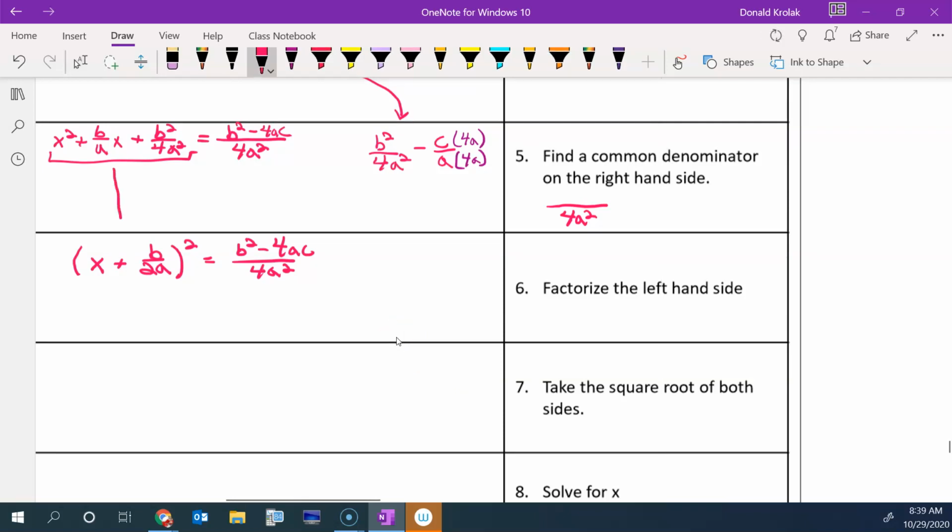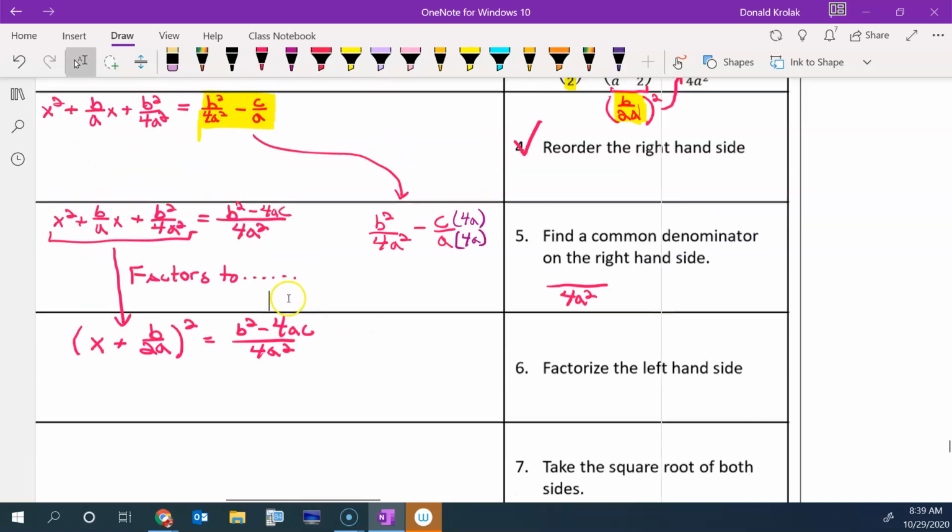From here to there, we factored it, and what we did right here is we just combined those. We're still just following the completing the square process.